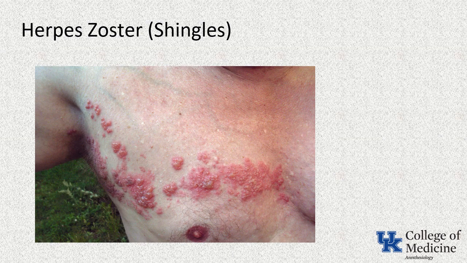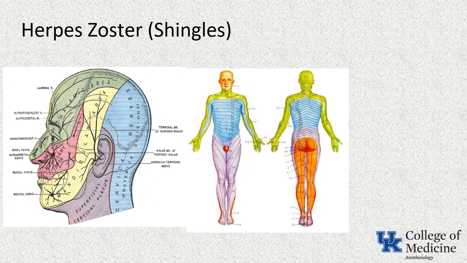This is a person that has an acute herpes zoster flare. This looks like probably a T3 or T2 dermatomal lesion on the right side. This can occur anywhere in the body.